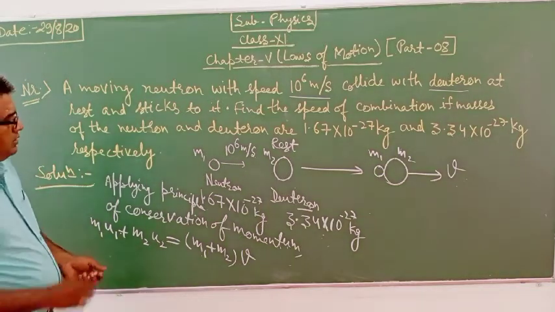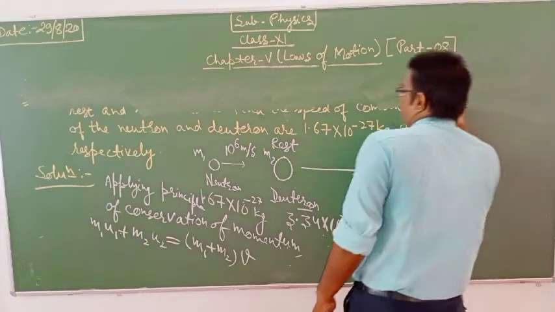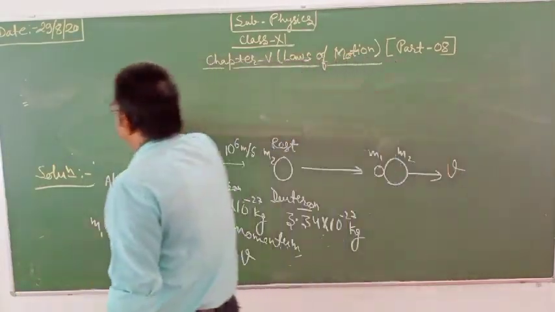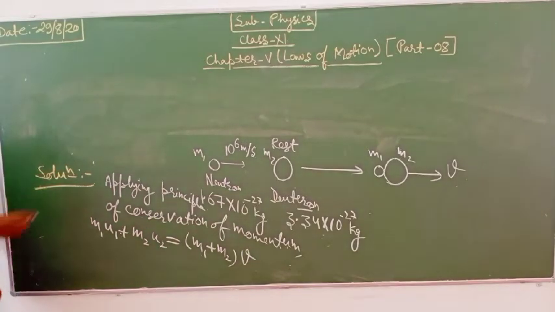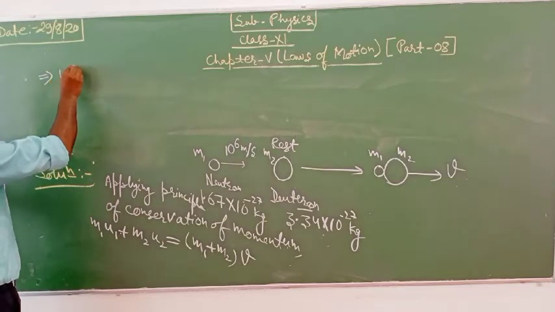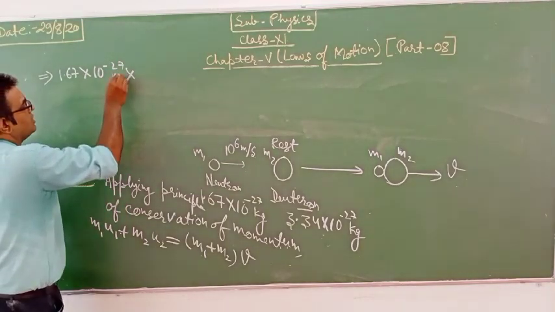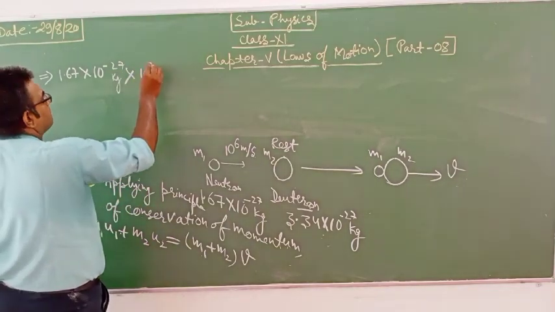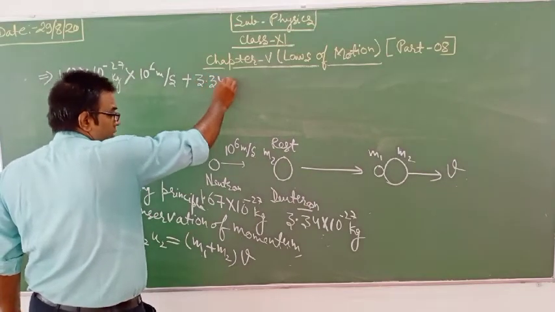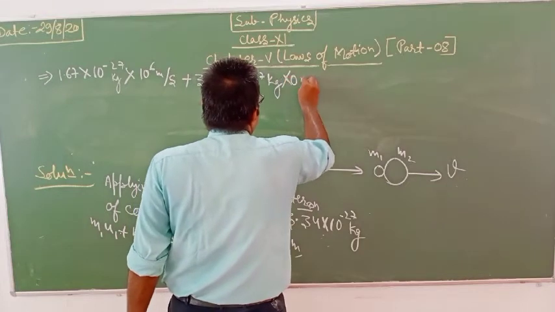Now put the values and get the answer. m1 is 1.67 into 10 to the power minus 27 kg, into 10 to the power 6 meter per second, plus m2, 3.34 into 10 to the power minus 27 kg, and m2 is at rest, so its velocity is 0 meter per second.